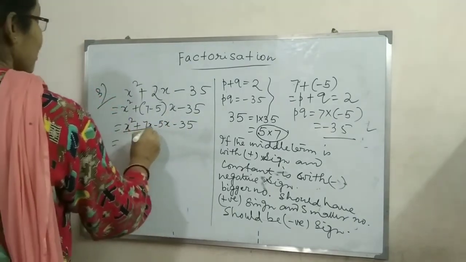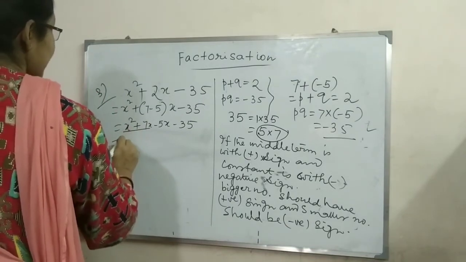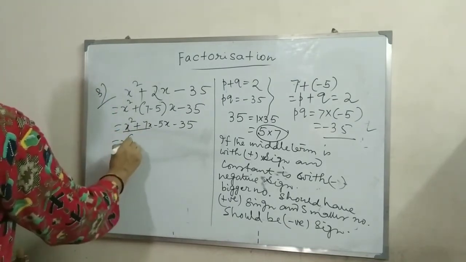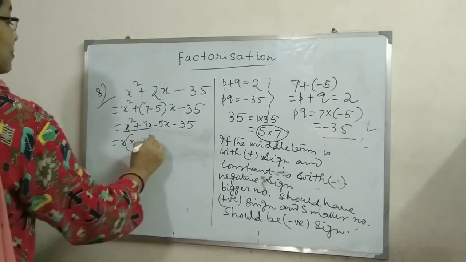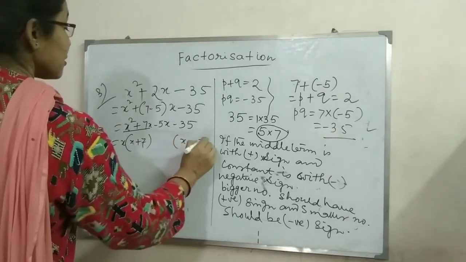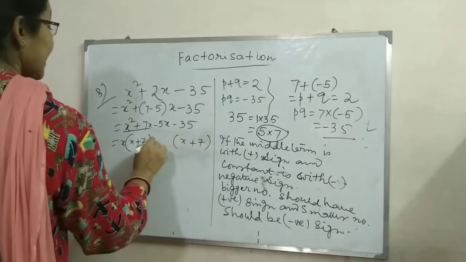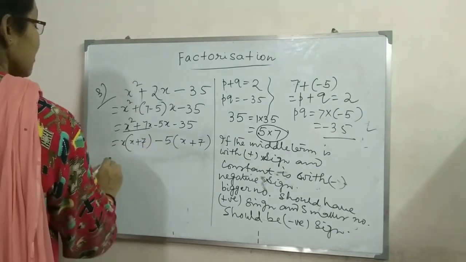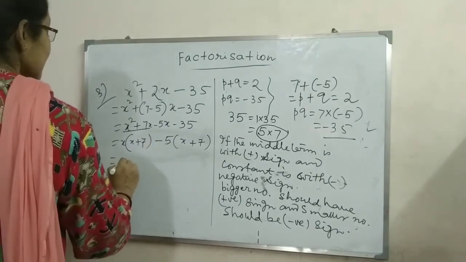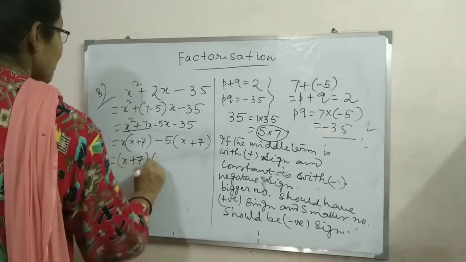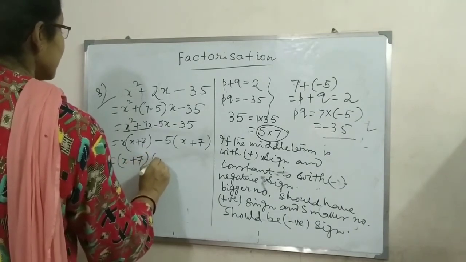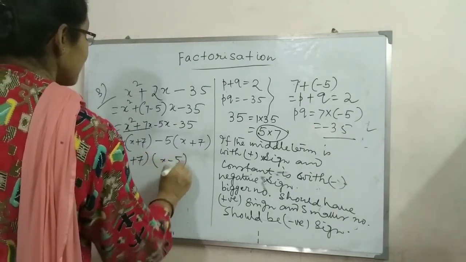By the grouping process, I can write x is common from here, x plus 7, and within bracket I will write minus 5. It is x plus 7 common from here, and x minus 5.